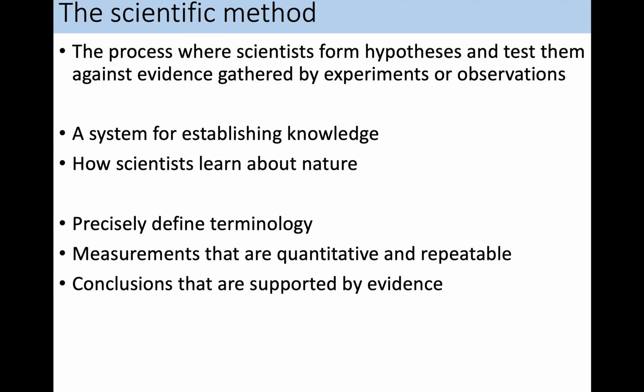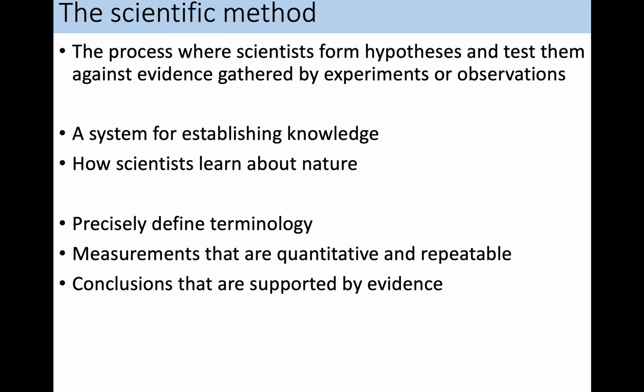Measurements have to be quantitative and very repeatable. So someone could come in and repeat your measurements, redo your observations and your experiments and get the same results. And your conclusions have to be supported by that evidence. So everything has to be provable, reproducible, and supported by evidence. That's how we know that something is true.